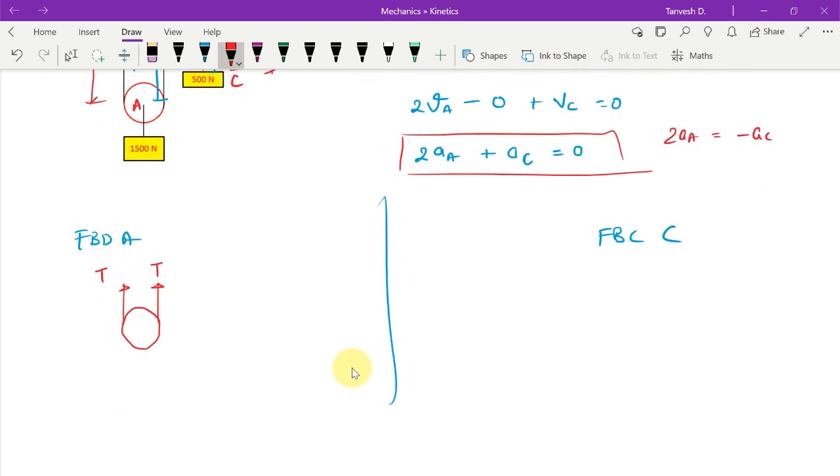So 2 times this tension is there here, and we have a load which is 1500 newtons.